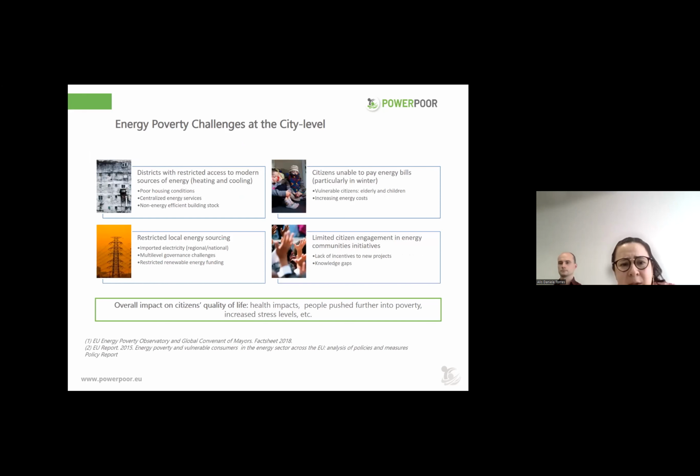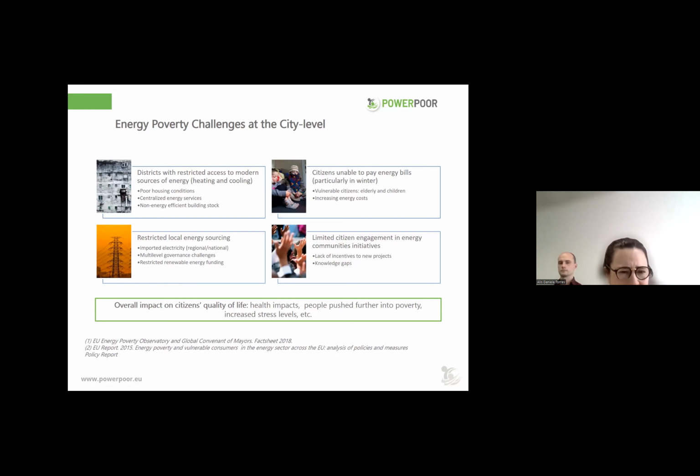So, going on to the energy poverty challenges on a city level, probably we may think that the issue of energy poverty is focused mainly in countries in the developing world or on specific countries here in Europe. But for us to know and reflect, this is an issue that is affecting all the cities in the world, because it depends on the district where there is a restricted access to modern sources of energy.